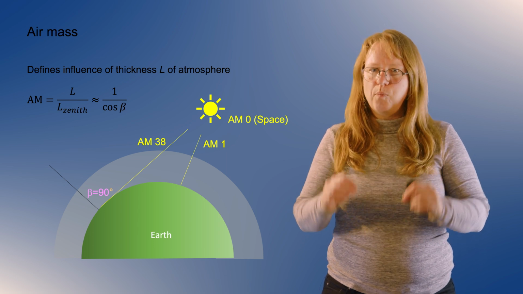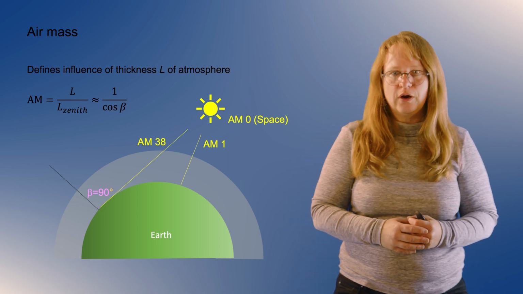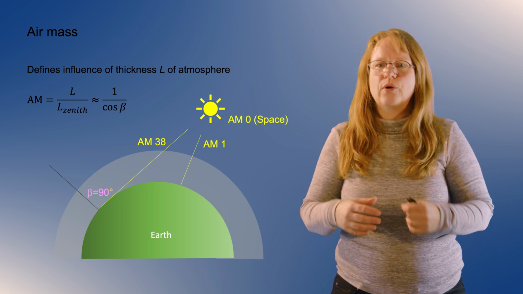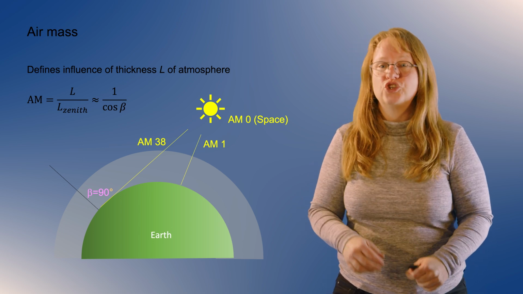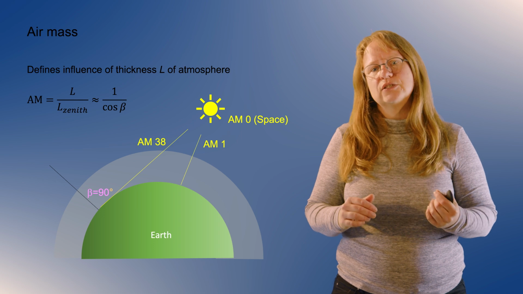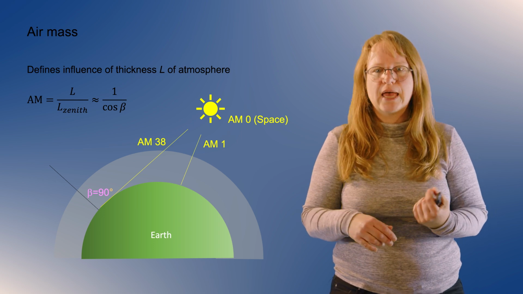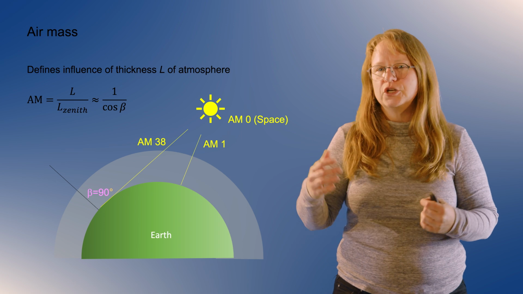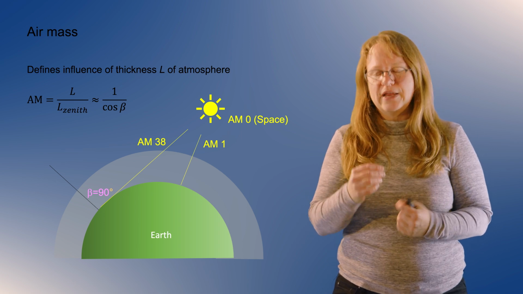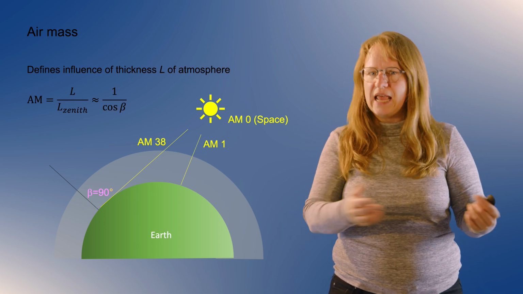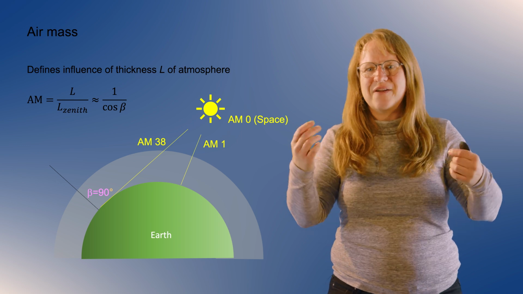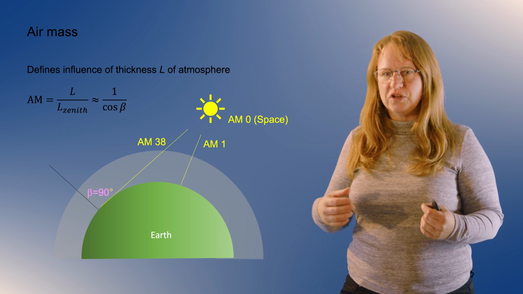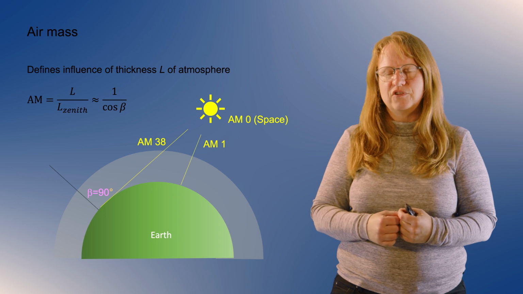Okay, so one more point about this air mass. If you are working on solar cells, you will see in all the papers that these solar cells were tested at air mass 1.5 or some other air mass value under certain conditions. And now you might wonder, why don't you just take the solar cells outside, like we have solar cells on our roof, and test them in the real conditions, which of course is what you will really have afterwards?